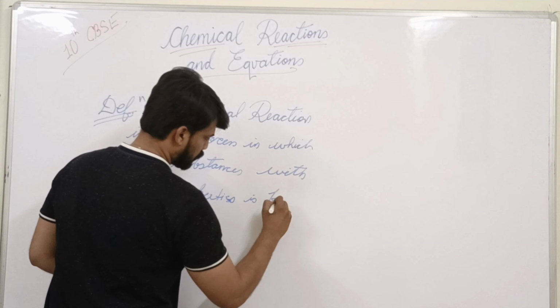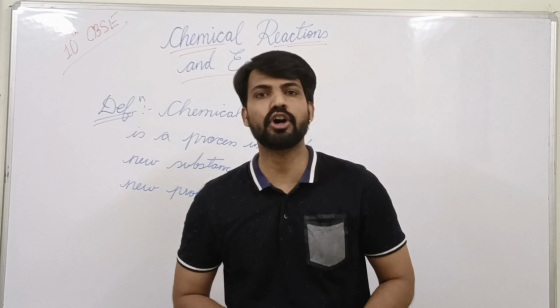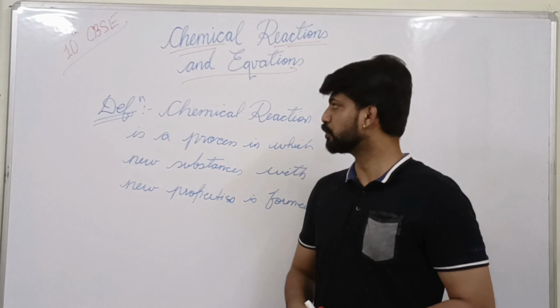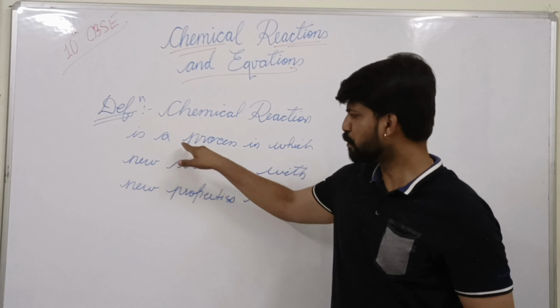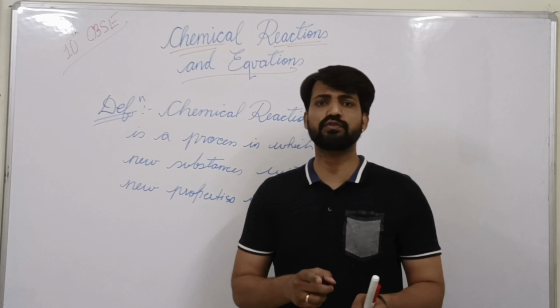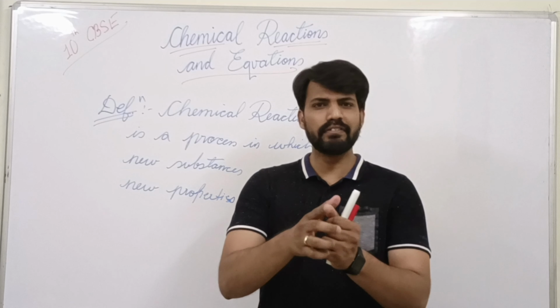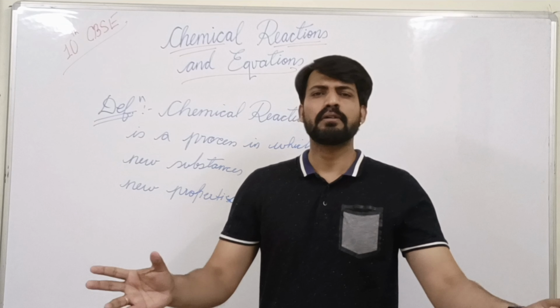So that is the simple definition of chemical reaction. I hope it is clear to you. A chemical reaction is a process in which new substances with new properties are formed. Not clear? Don't worry. We'll take an example and it will make it clearer.